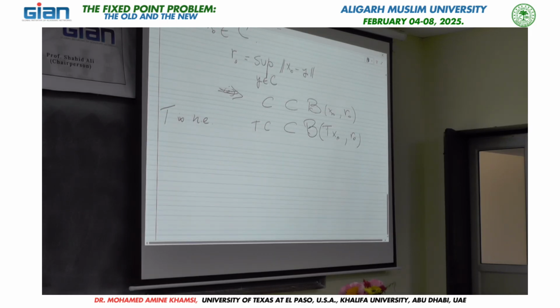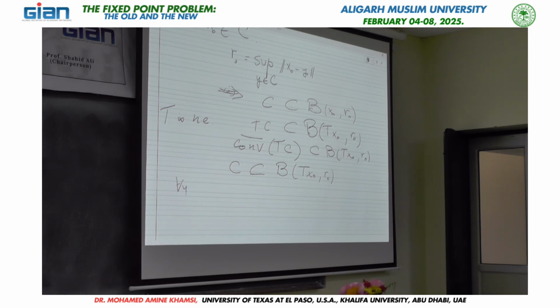But the balls are convex and they are closed. Therefore, the convex hull, T of C, is in that ball. Yes? And what do we know about C? It is equal to the convex hull. Therefore, it is included in this ball. Now, what does it mean?